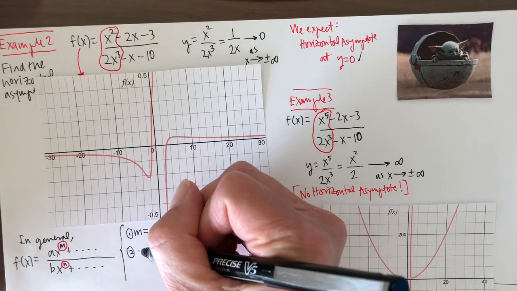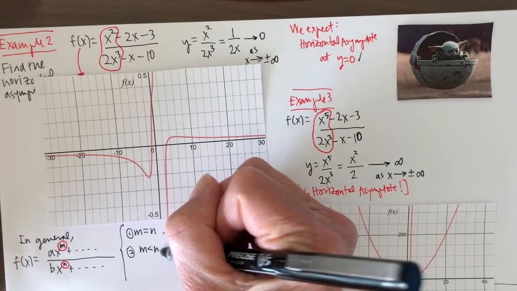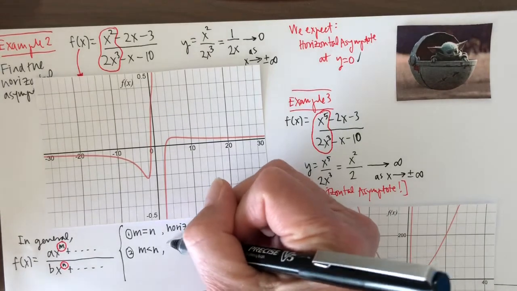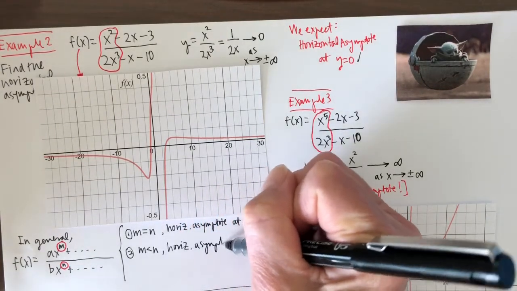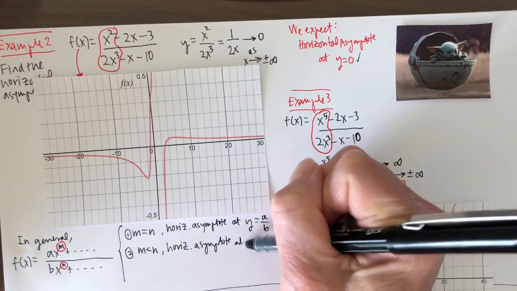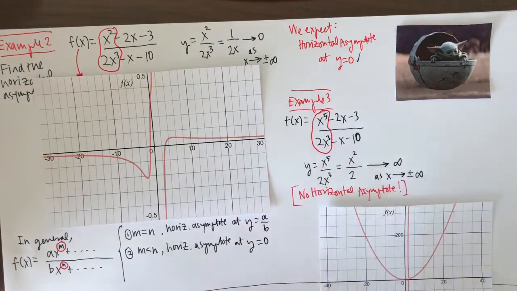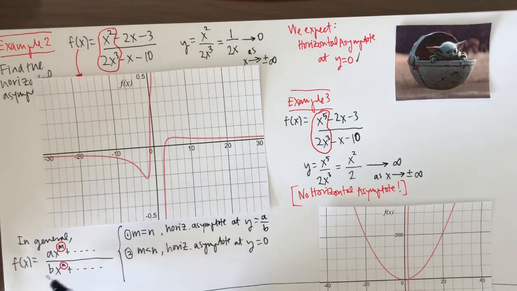If m is less than n, we saw this in example 2, you'll have a horizontal asymptote every time at y equals 0. It's because this power becomes so large. If this is a larger number, then it dominates, and this becomes really big down here.